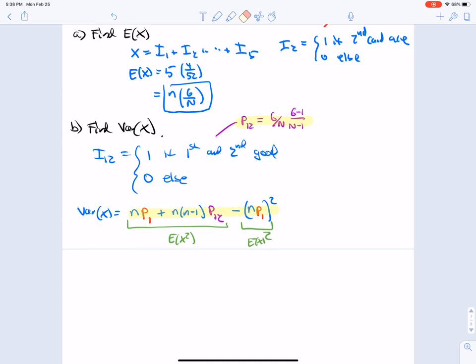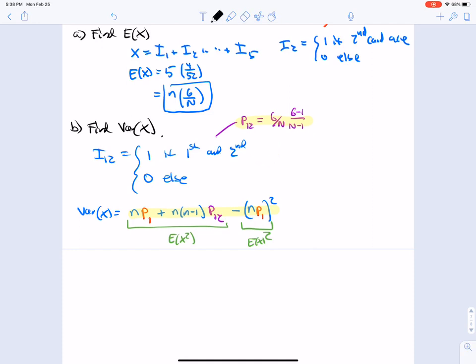And for the variance, we have our indicator I1, 2 is 1 if the first and second are aces.